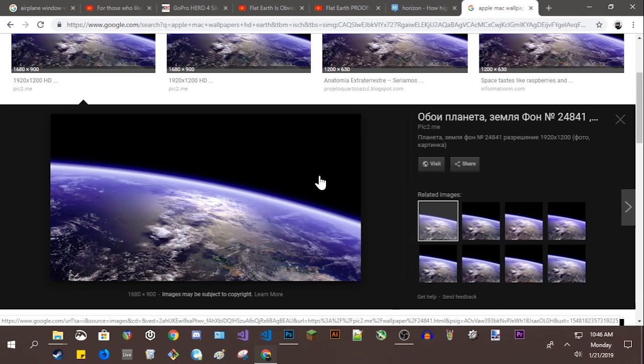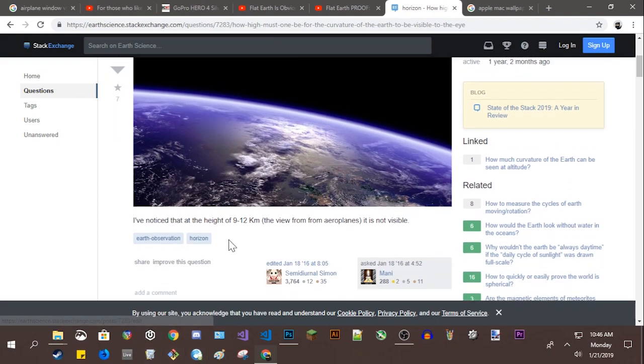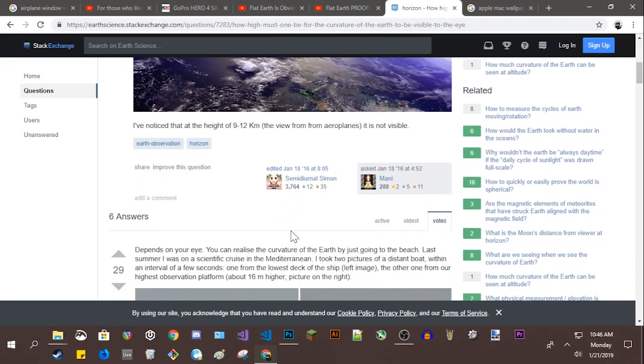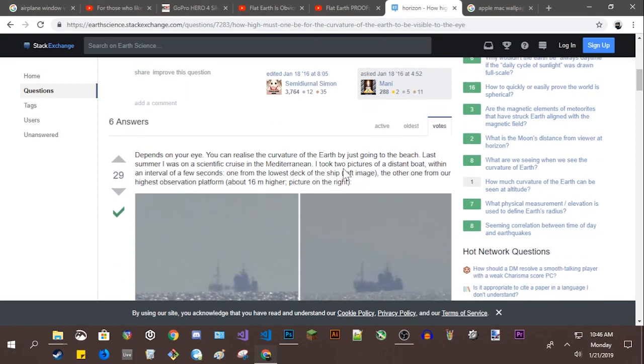Okay, so now back on the page, they admit that 9 to 12 kilometers up, you can't actually see the curvature of the Earth, and as far as you go up, you won't be able to see the curvature of the Earth because it's not there. But then this guy is saying that you can see it from a mere 16 meters.